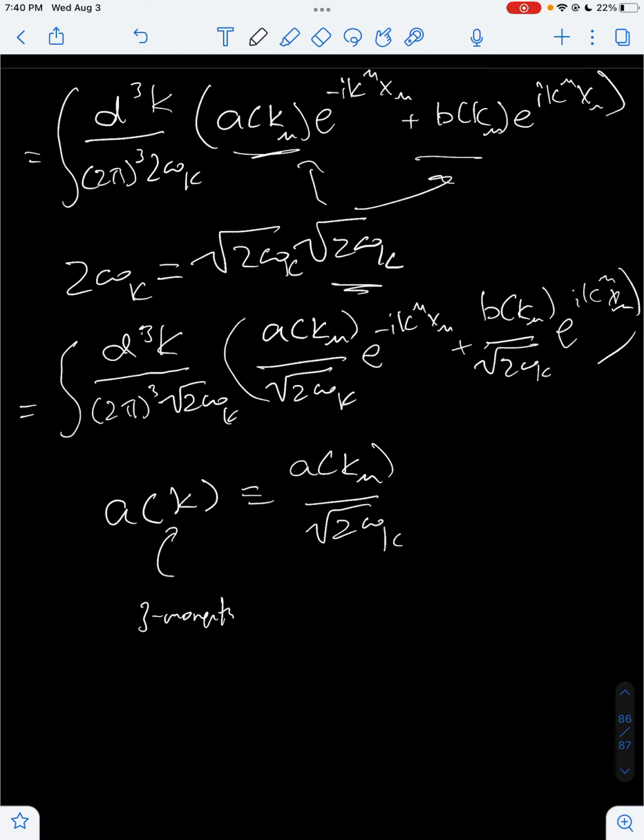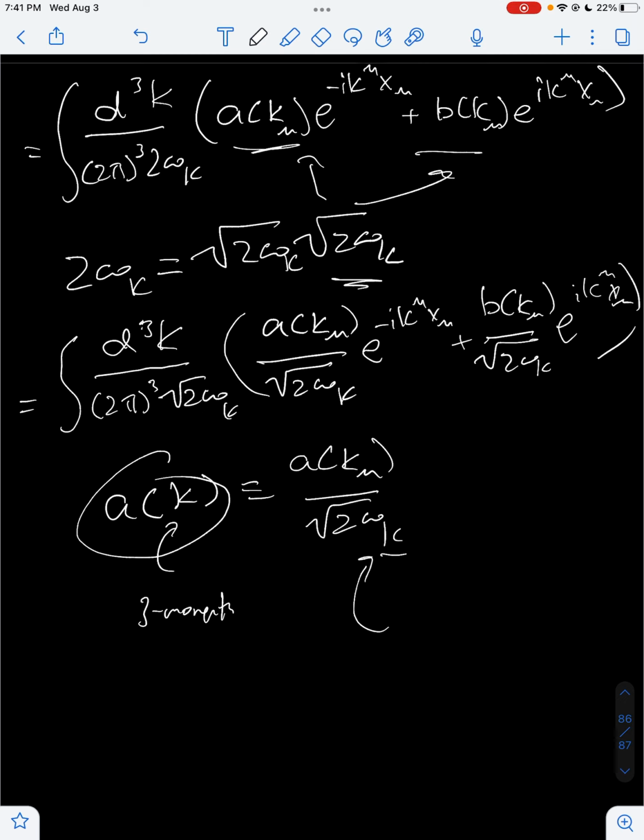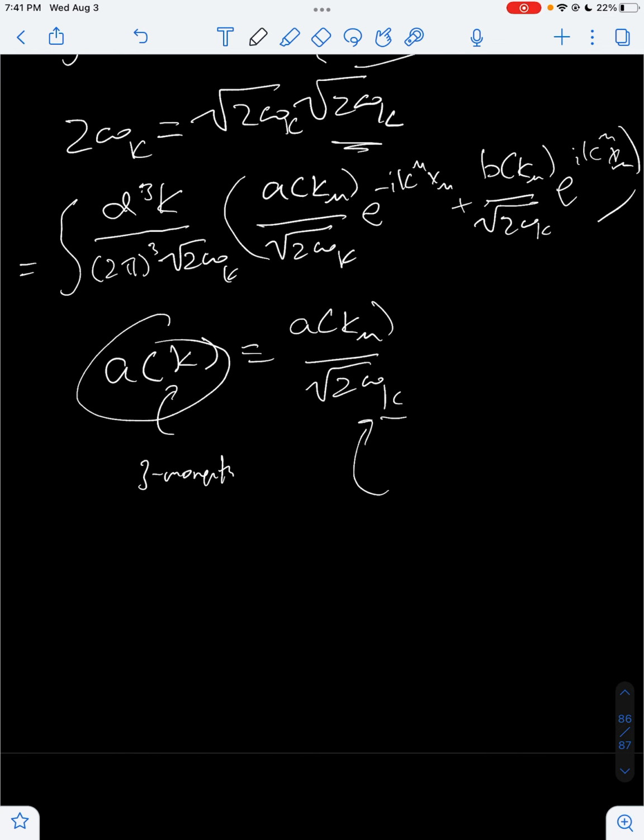We can do this since we're dividing by the square root of 2 omega k, so it's going to remove the e factor. Just take this as a definition. By doing that, our expression is only a function of k instead of k mu.